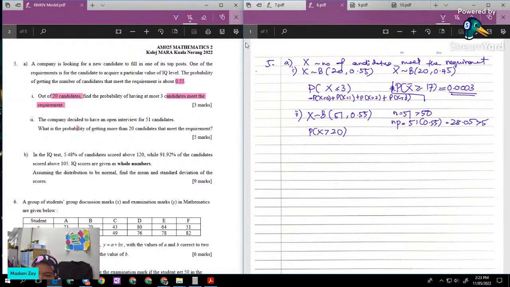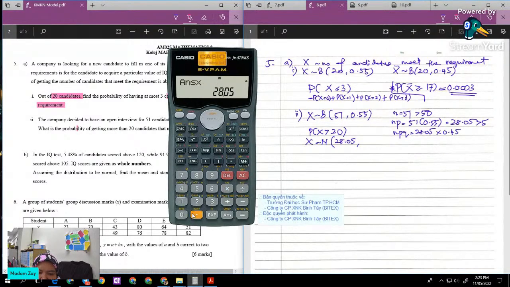So it will be X following the normal distribution with parameter NP is 28.05 and NPQ, 28.05 multiplied by 0.45.